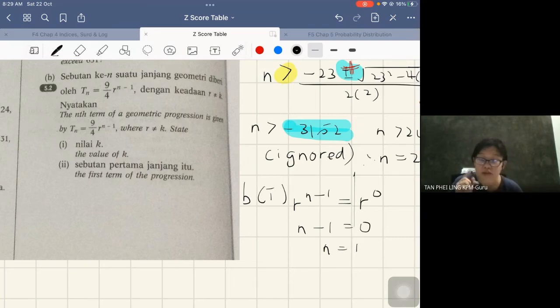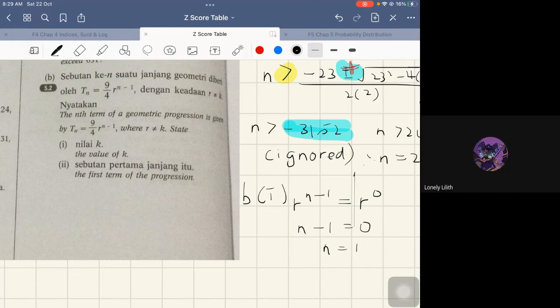Can you imagine that if your r is 1, then the whole thing will be just the same thing? 1 power n, no matter if your n is 90 or 5, it will still be 1.